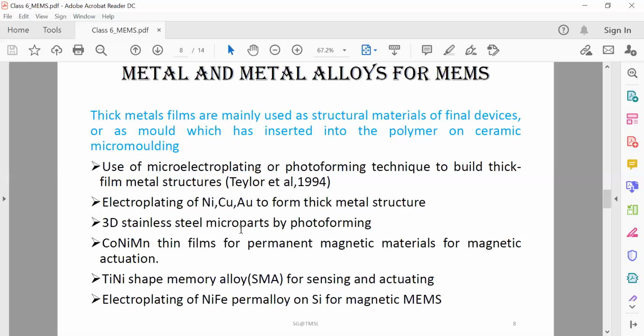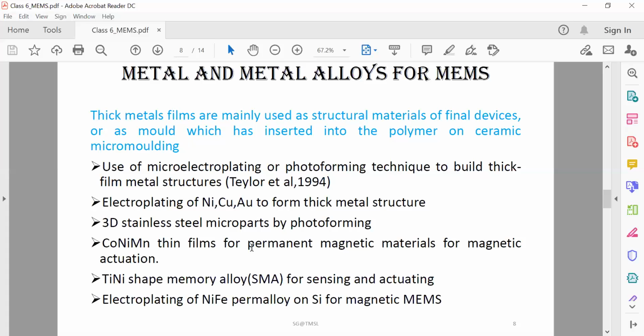The basic principle of photoforming involves combinations of metal alloys, maybe cobalt, nickel, manganese thin films, which are basically magnetic materials. This alloy of cobalt, nickel, manganese is used as a permanent magnetic material for magnetic actuation.